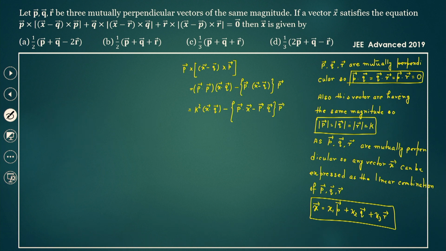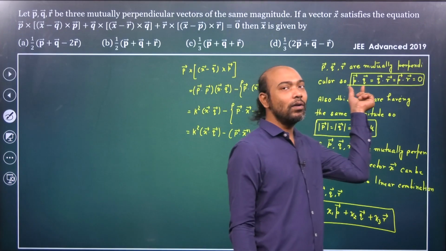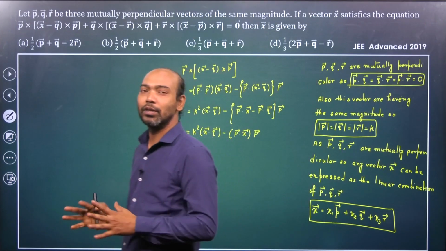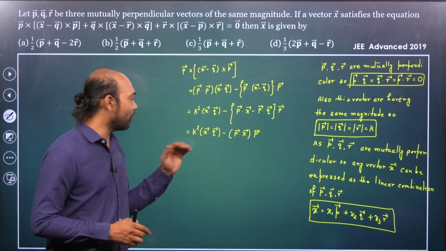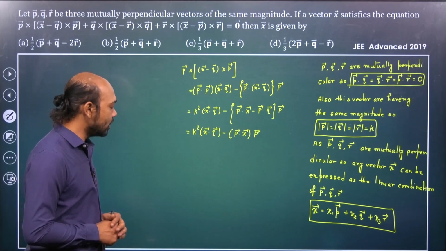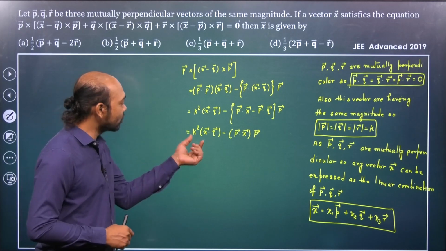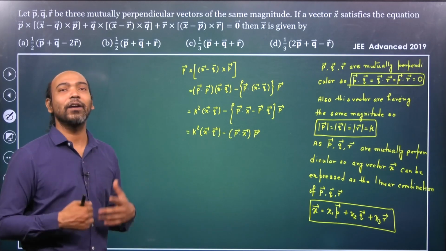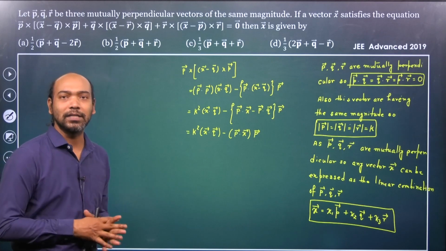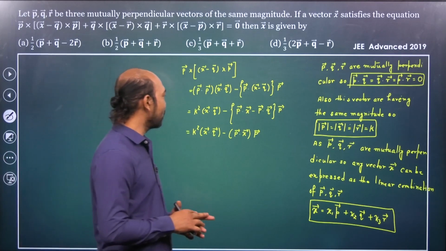Here we can easily write K square times X minus Q vector, minus P dot X multiplied by the P vector, because P dot Q is already calculated as 0, so it will be removed. So we are able to simplify it, right? Now our next job is to calculate X dot Q and P dot X. If I am able to calculate that, maybe it simplifies a little bit. Now see in this particular case, right?